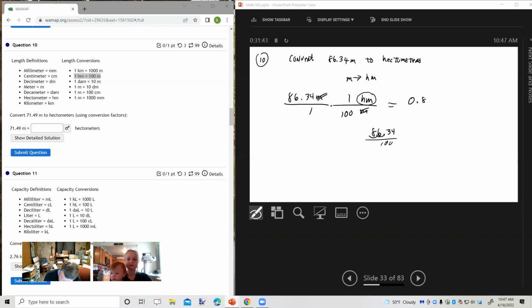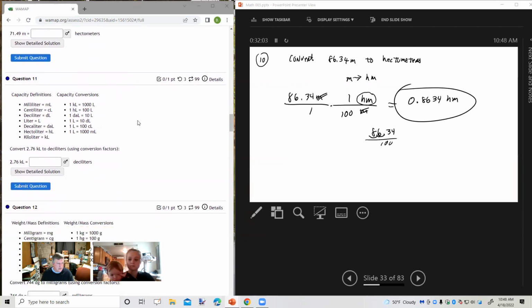So we get 0.8634 hectometers. Multiplying by 10, you get larger, move it to the right. Dividing by 10, get smaller, to the left. So dividing by 100, that's 10 times 10. Okay, questions there?